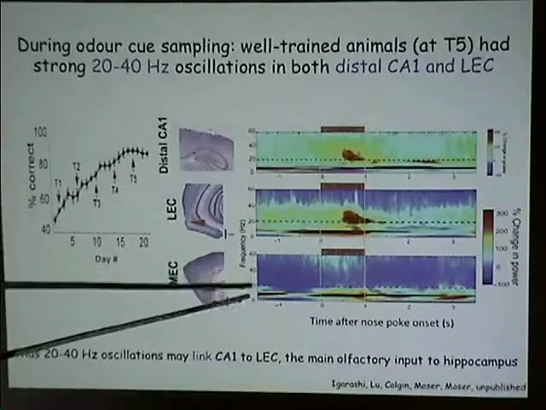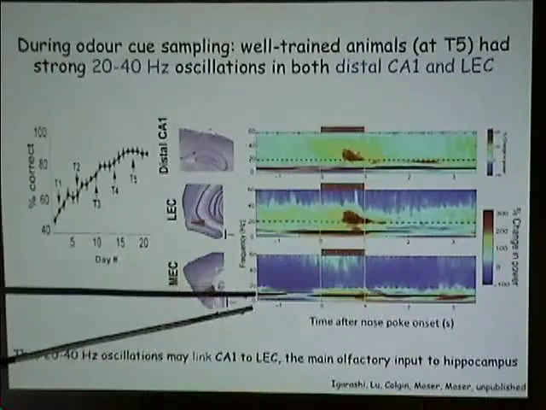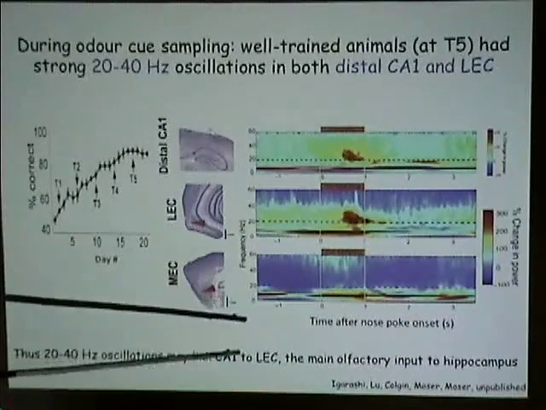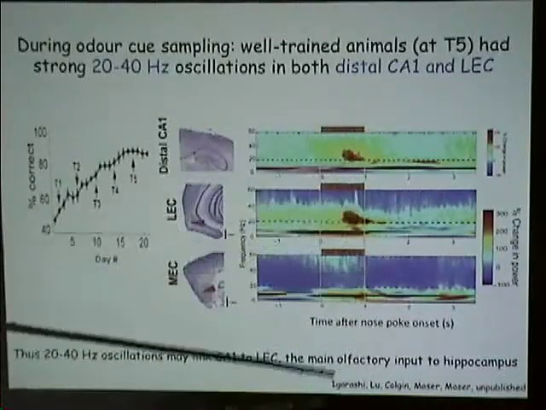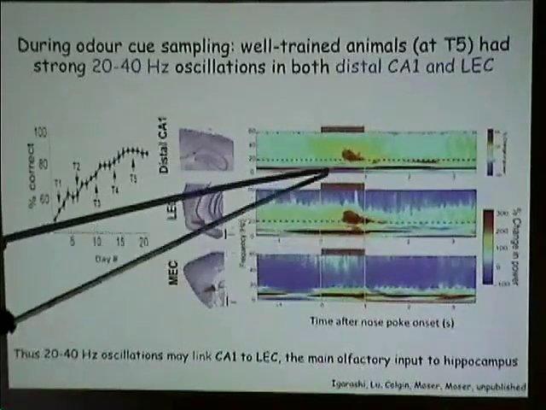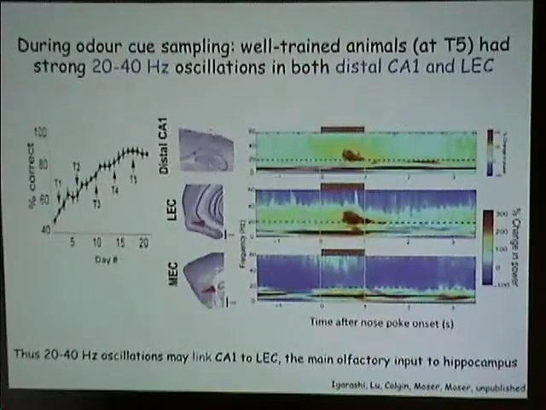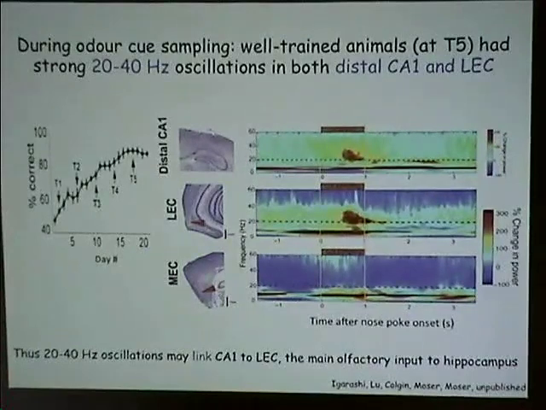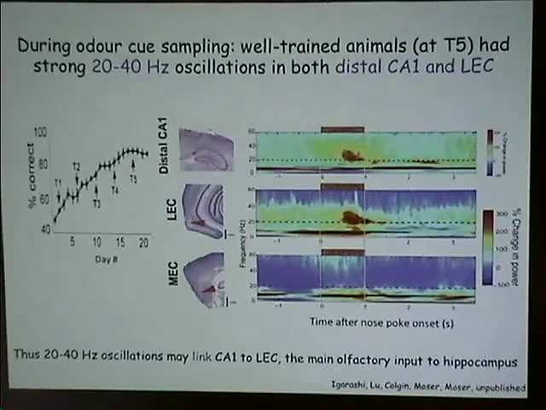And this is now time on the x-axis, frequency on the y-axis, and then power is color-coded. The cue sampling here, the orange period, it's 1 second, is when they sniff into the odor port.